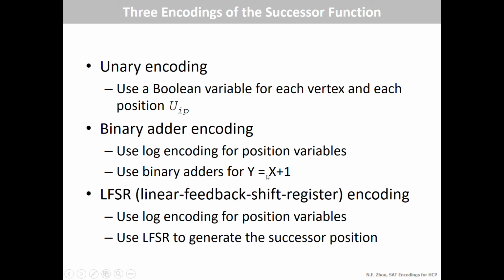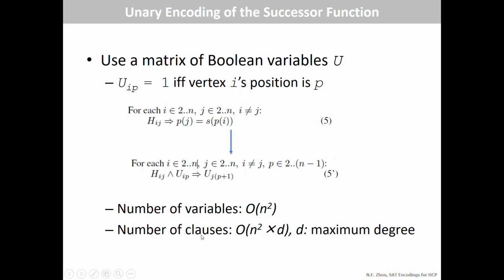In the LFSR encoding, we also use log encoding for position variables, and we use this special circuit to generate the next position. In the unary encoding, the transition constraint is encoded as follows.